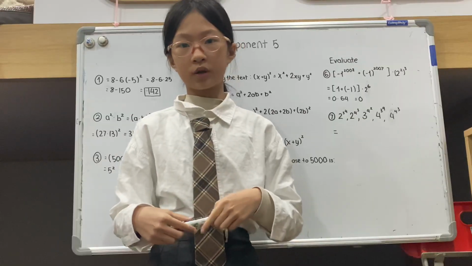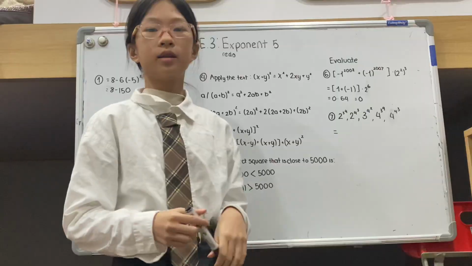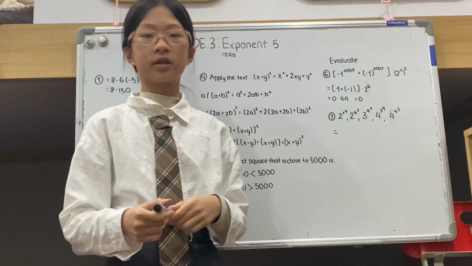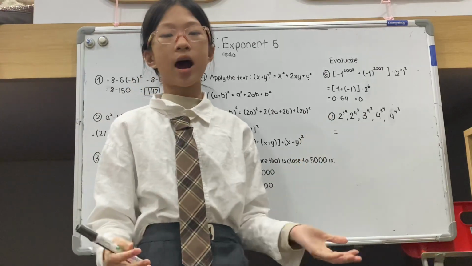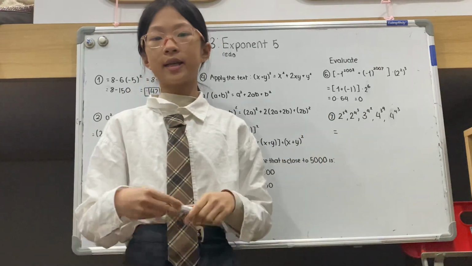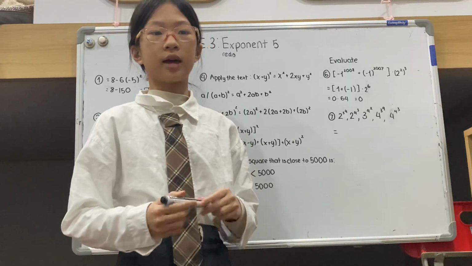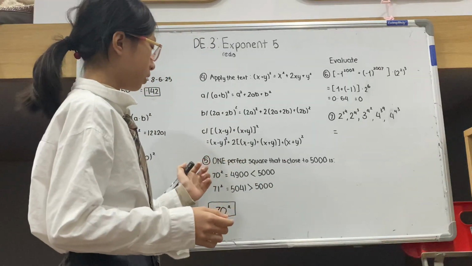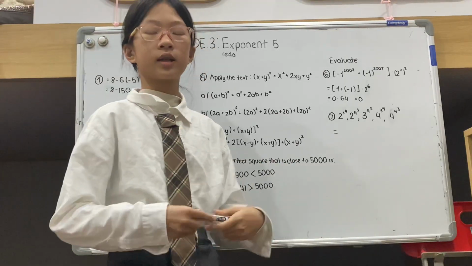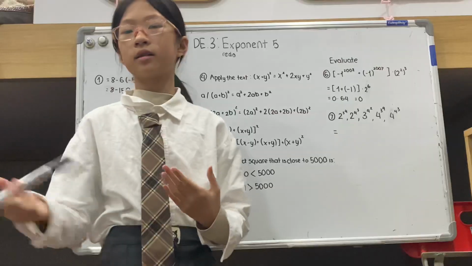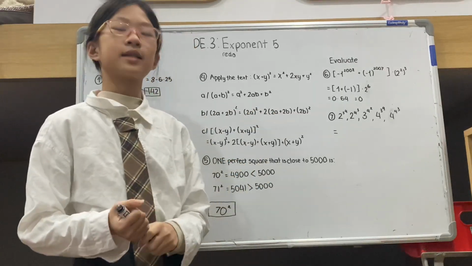And the last question, which is question number 7. Here Mrs. Pratt has given us to find the largest number. Like at first when you hear find the largest number, oh, that's easy. We should use a number line, and the number that is on the left side right here will be greater, and the down part will be less than.